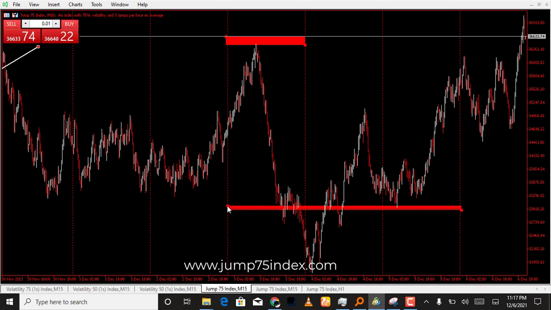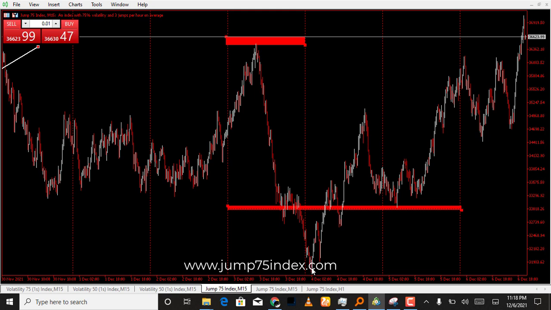If I extend it, you can see how price was reacting in both periods of time. Within these 2 days, the price was moving in a bullish trend within this day, which was 3rd December.